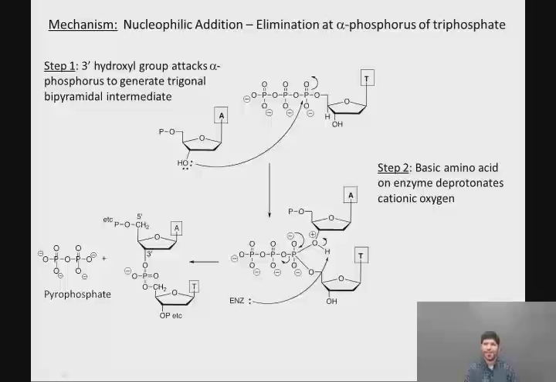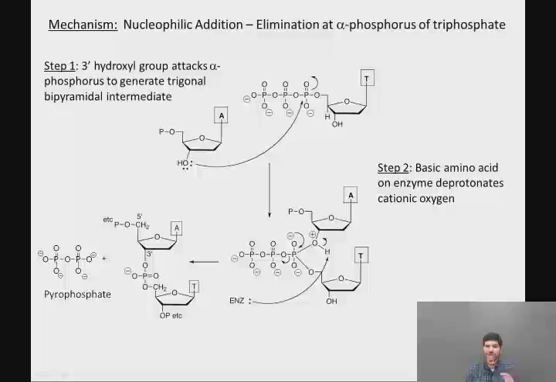Step 2 then is that a basic amino acid on the enzyme, one that is going to be negatively charged at physiological pH, so that's probably going to be an aspartate or a glutamate, will deprotonate the cationic oxygen.